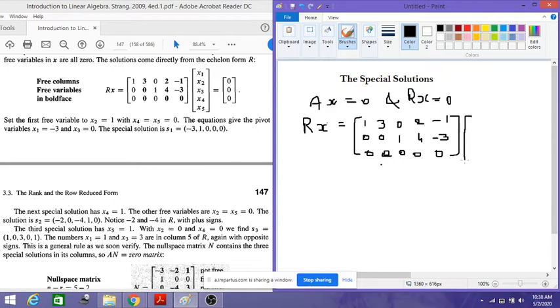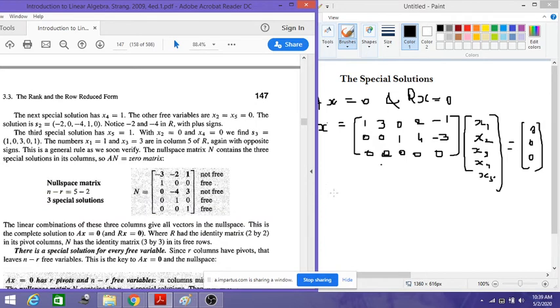Then we have x1, x2, x3, x4, and the x5 column, and the right hand side is equal to 0. The special solutions we have already seen before, so I'll not go into much detail.